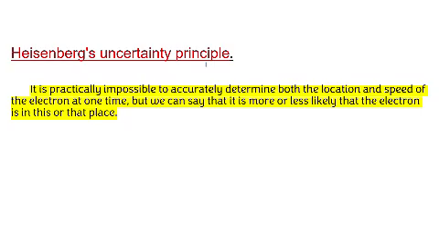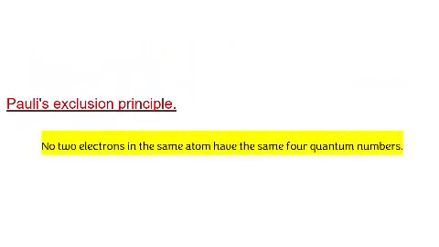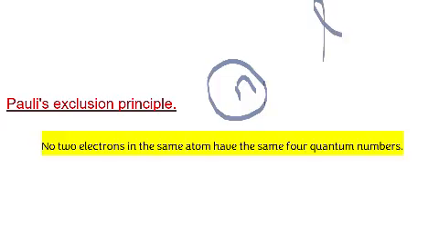A new question in our session today, which is Pauli's exclusion principle. Before we talk about Pauli, let me remind you that we have 4 quantum numbers. N is called the principal quantum number. L is the subsidiary quantum number.